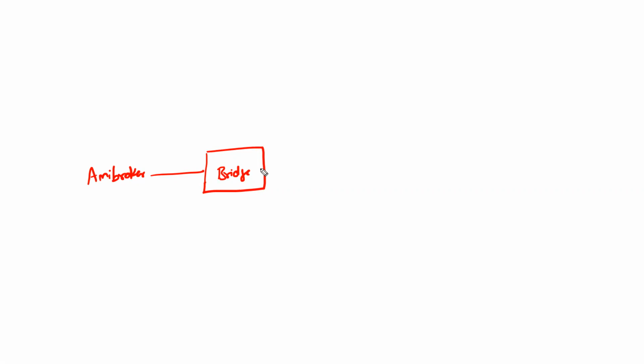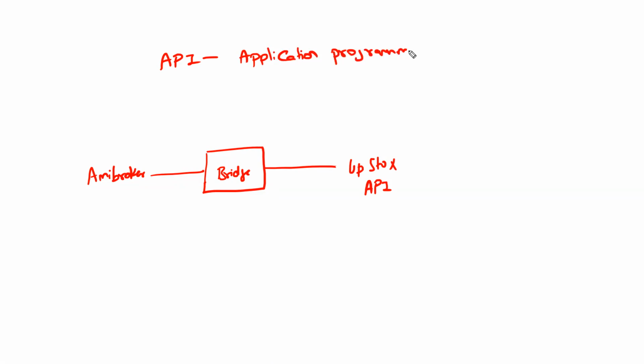So this bridge is a communication layer to the API part. I mean the Upstox API. Let me tell you what an API is all about. API stands for Application Programming Interface.